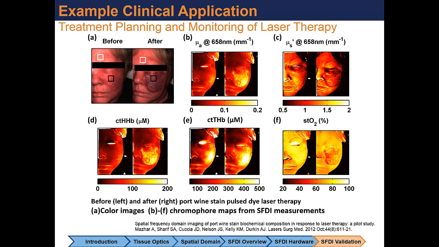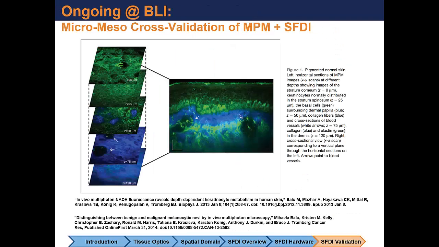Ongoing work is also interesting to be able to validate optical properties at the mesoscale and the microscale. So SFDI-derived parameters versus parameters that you can get from a multiphoton microscope, for example. This is a clinical multiphoton microscope. It's quite a unique tool.